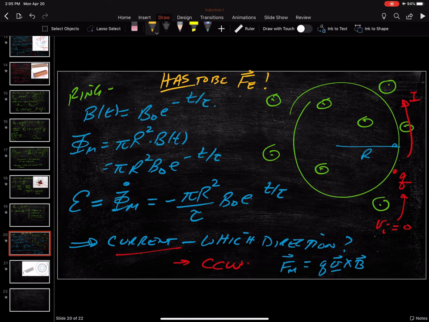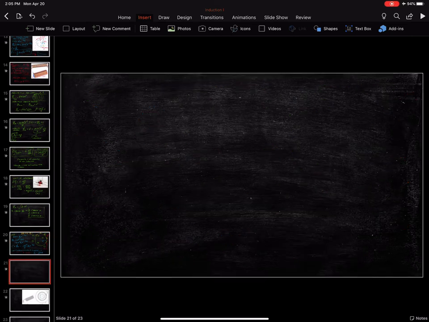And moreover, it's an electric force that pushes them around in this direction. So there's got to be an electric field which is moving around this wire. And this newly induced electric field, which is circling around this wire, pushes those charges around. That's the only explanation that can make this thing work.